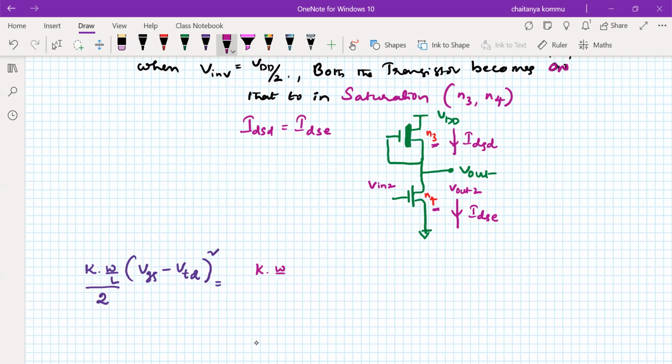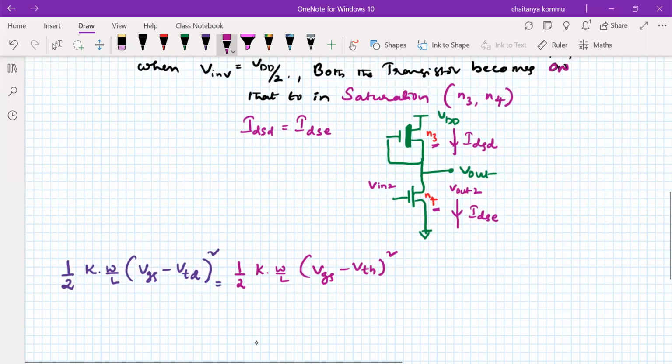K into W by L divided by 2 into half, into (VGS minus VTE)^2, where VTE is the enhancement threshold voltage.